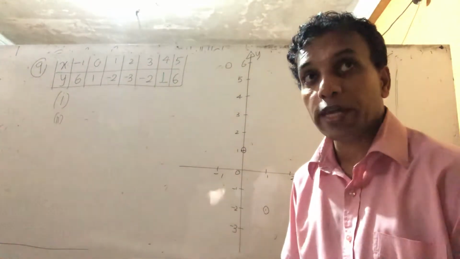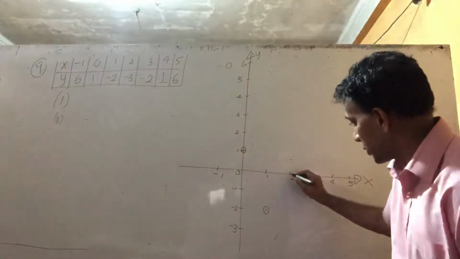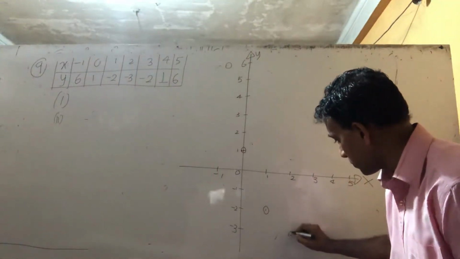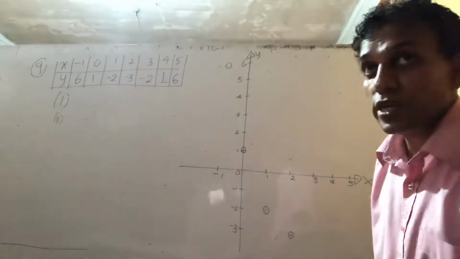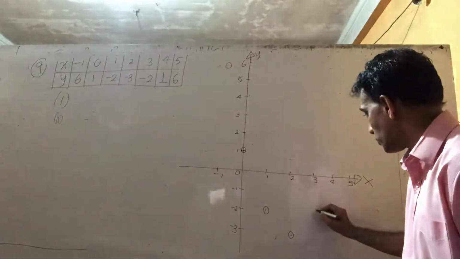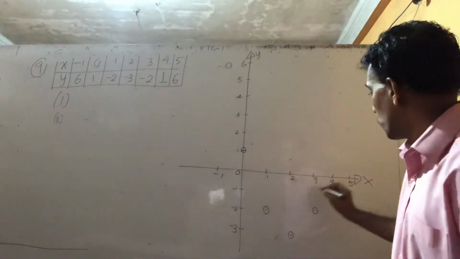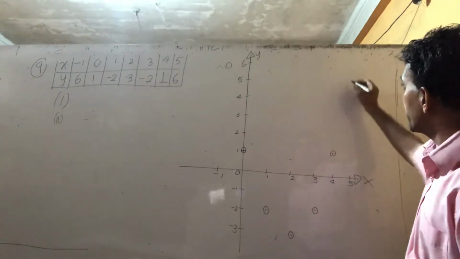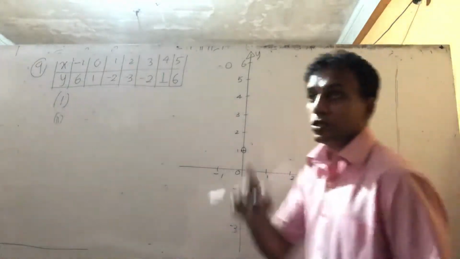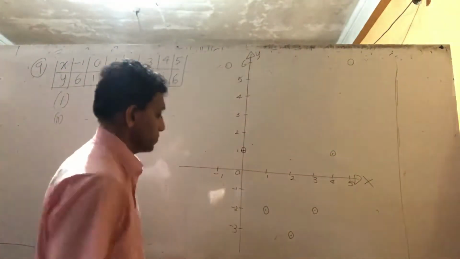X 4, which we found by symmetrical knowledge. X 5, y takes 6. So draw it smoothly.